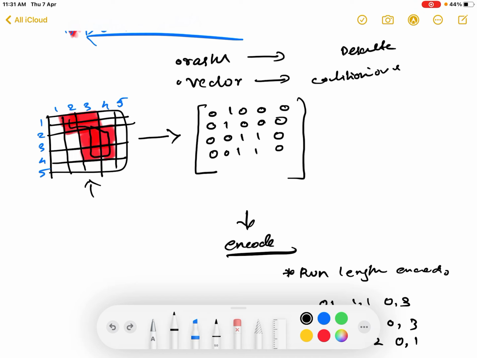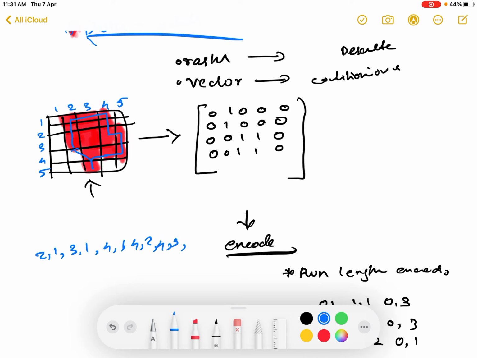Yeah, so these are the boundary cells. If you just redraw this and show it like this, then you have to show only the boundary cells.